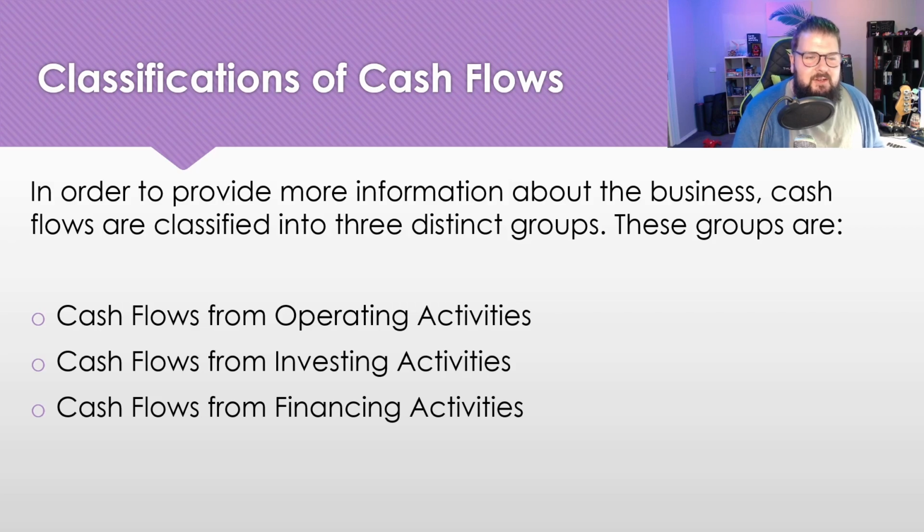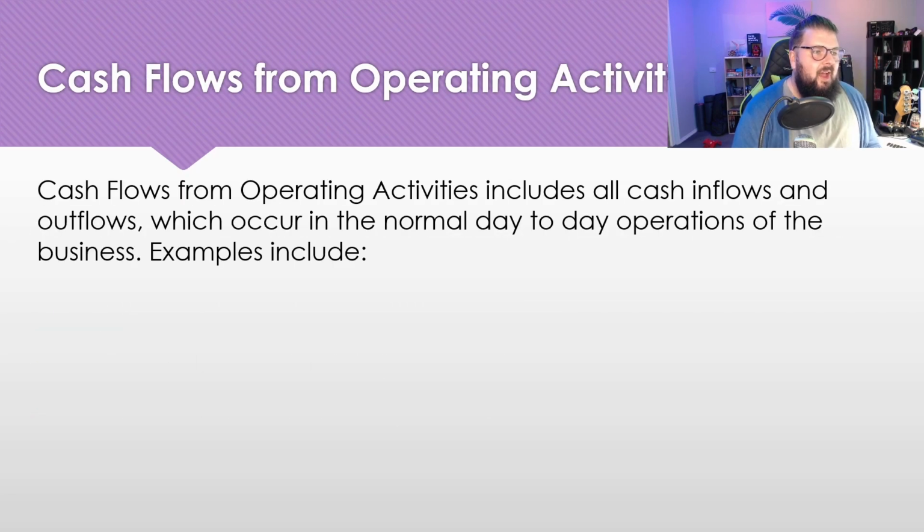Starting with our operating activities, these are our day-to-day. If we're not getting any cash flowing into the business from this area, clearly we're going to be struggling. You can't keep a business afloat just by taking on loans and injecting more cash into the business as the owner. You need to make sure that your business is actually bringing in sales, things like that.